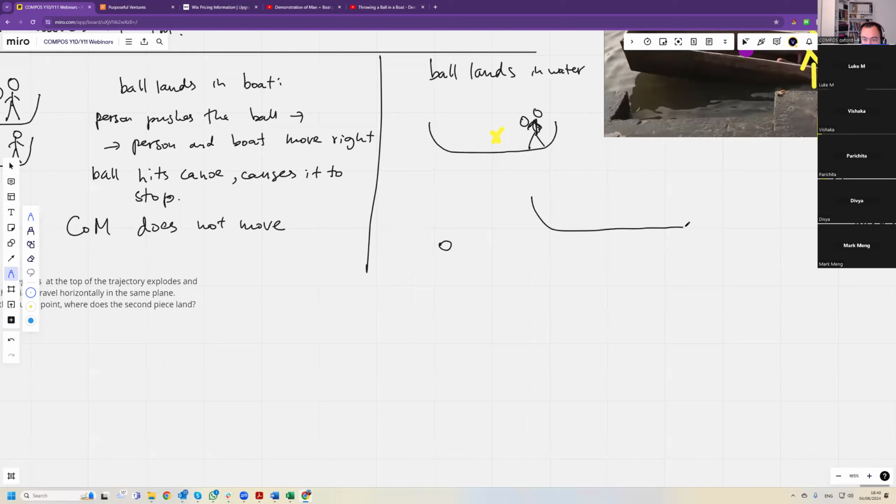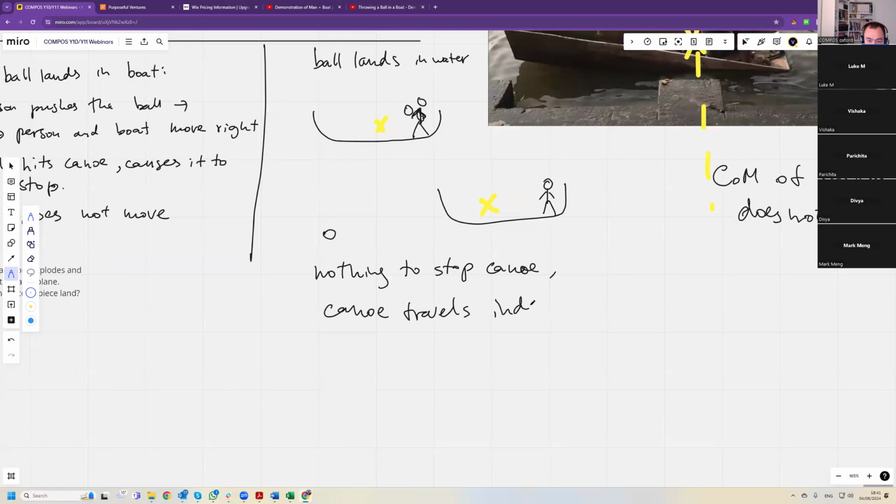The canoe keeps going indefinitely until water resistance stops it. And the center of mass will probably be somewhere here. Nothing to stop the canoe. Canoe travels indefinitely.